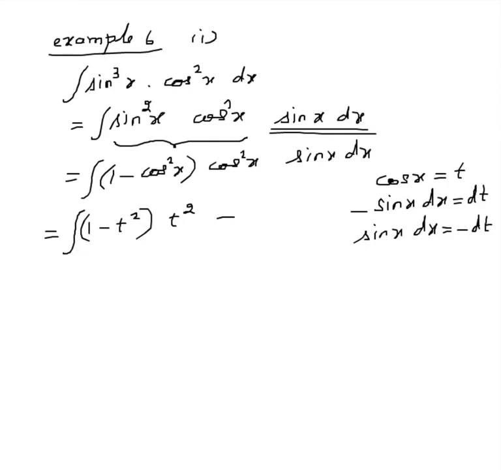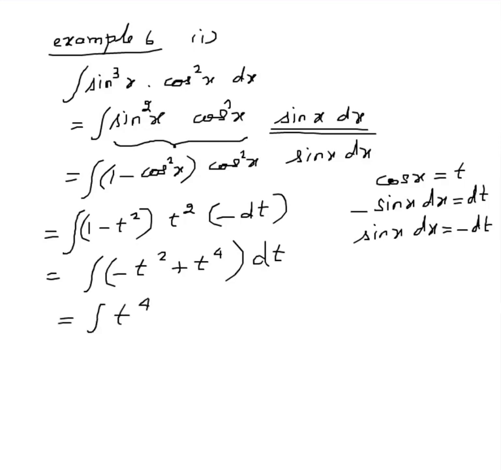Sine x dx is minus dt. Let us multiply with minus t square. Therefore, it becomes minus t square plus t power 4. Let me write the positive term first. It becomes t power 4 minus t square into dt.